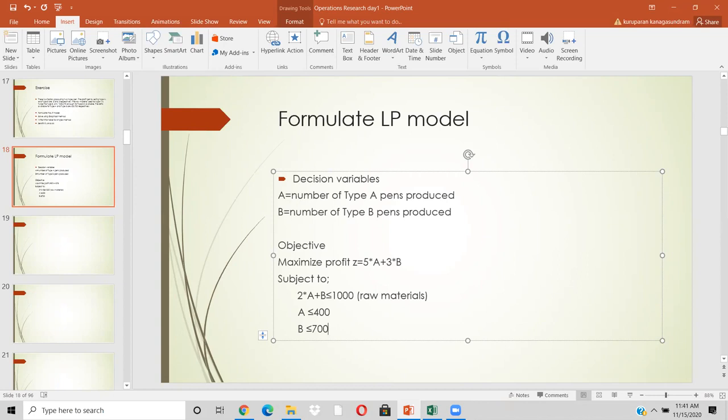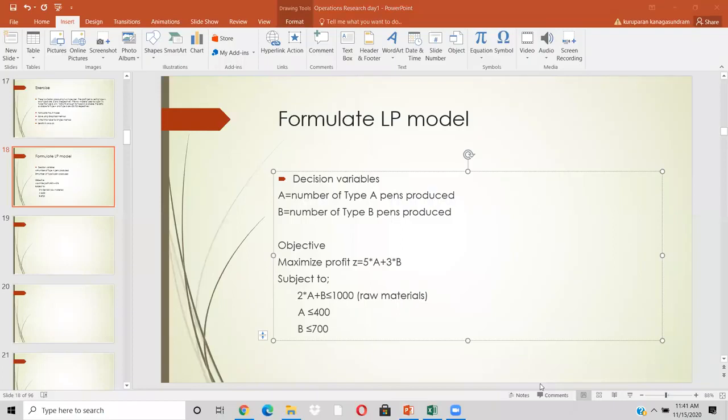Suppose in our company we have a policy to produce at least 100 type A pens. At least means a minimum of 100 pens.